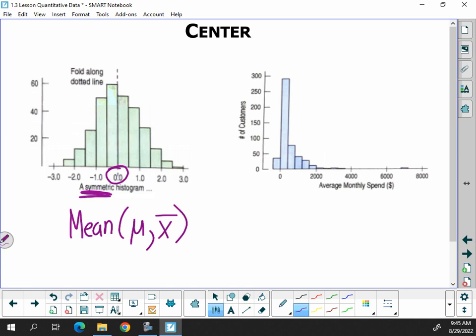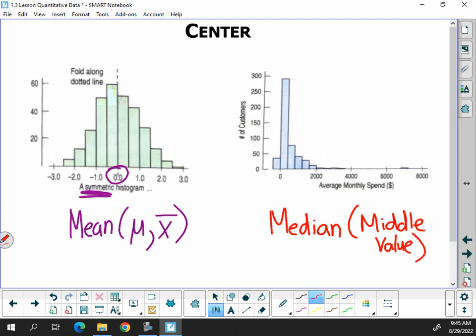If we have skewed data, we want to use the median, which is quite literally the middle value. You should have some experience with that. The reason we want to use the median to describe the center in skewed data is because data points like this one over here that are potential outliers are really going to affect the mean. When we calculate the mean, we add up all the data points.